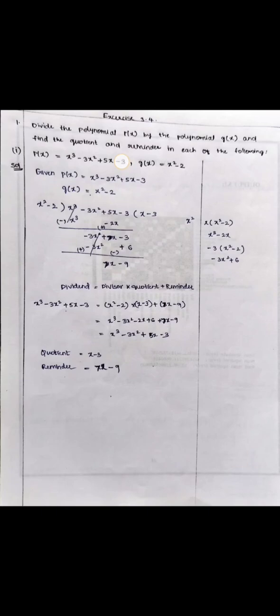The next one is p of x equals x power 4 minus 3x square plus 4x plus 5, and g of x equals x square plus 1 minus x. I have written what is given in the question.